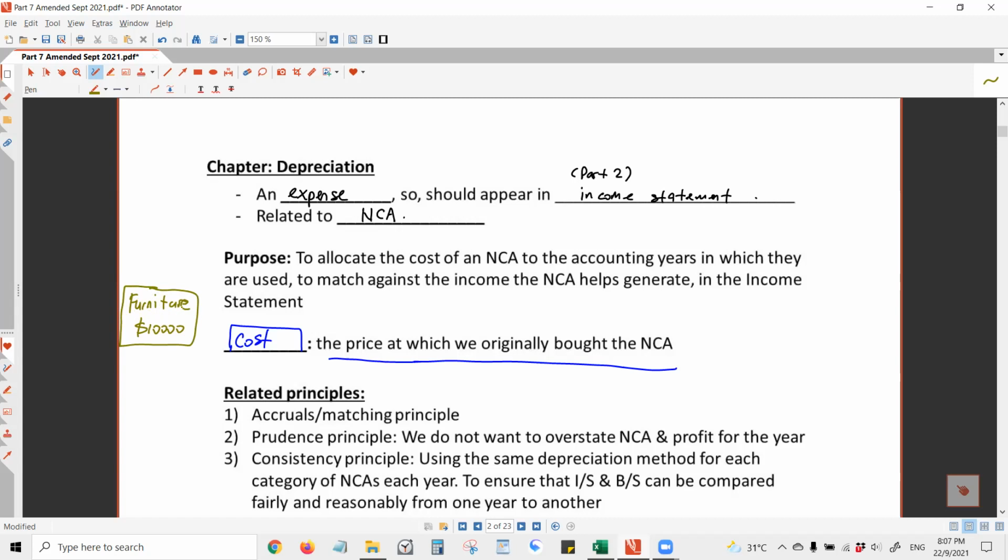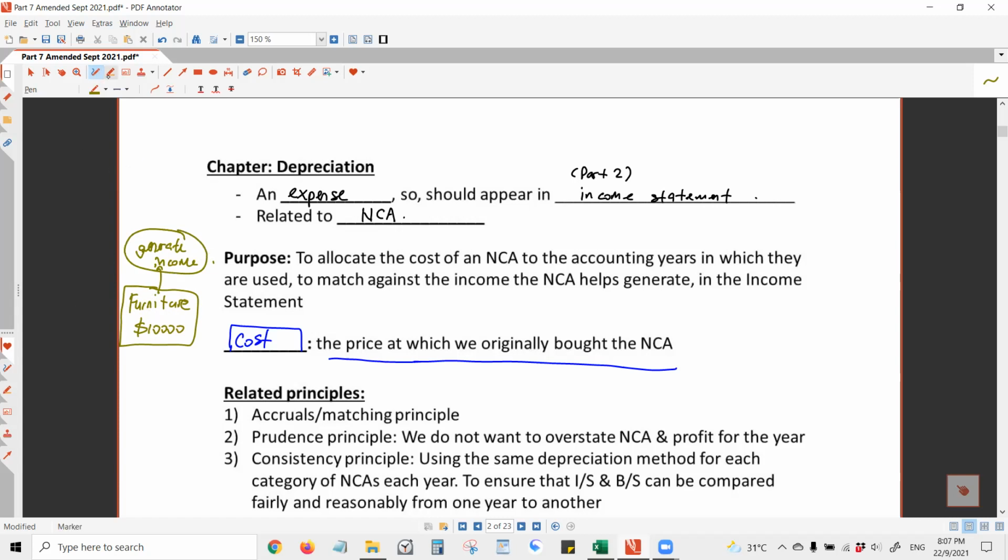Without the furniture, you cannot run your restaurant. Assume that it is a dine-in restaurant; don't tell me it's an online restaurant, where we don't need tables and chairs. You need a lot of them. You agree that furniture helps us generate income for the restaurant, right?